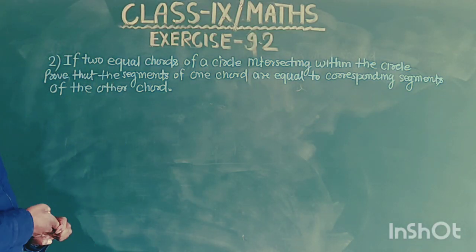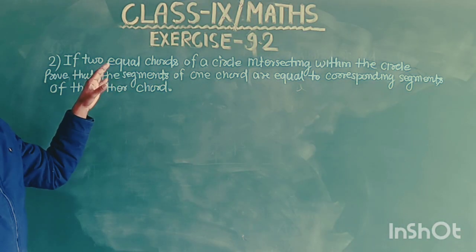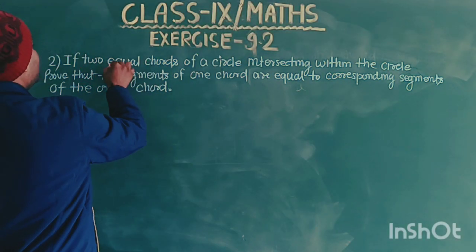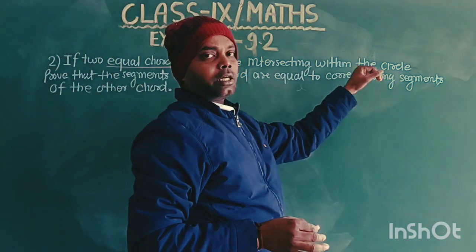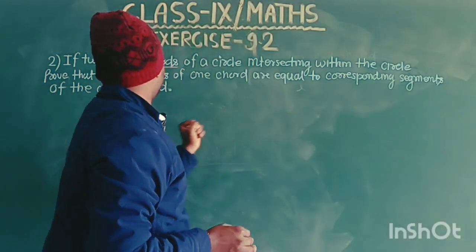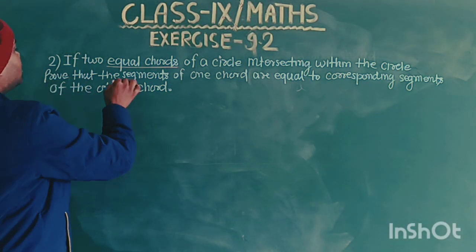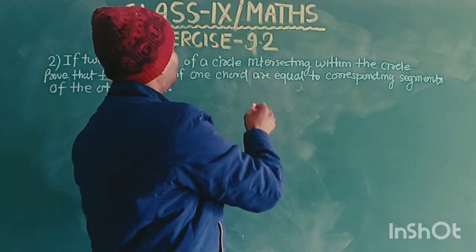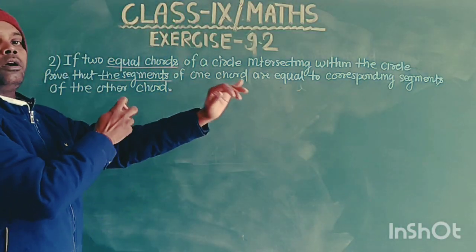In this question it has been said that if two equal chords of a circle intersect within the circle, then we have to prove that the segment of one chord is equal to the corresponding segment of the other chord.